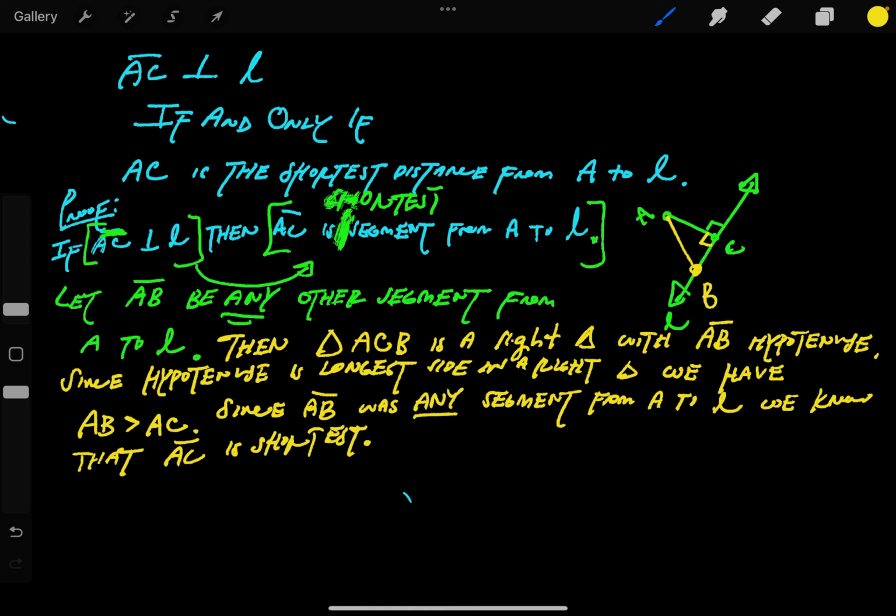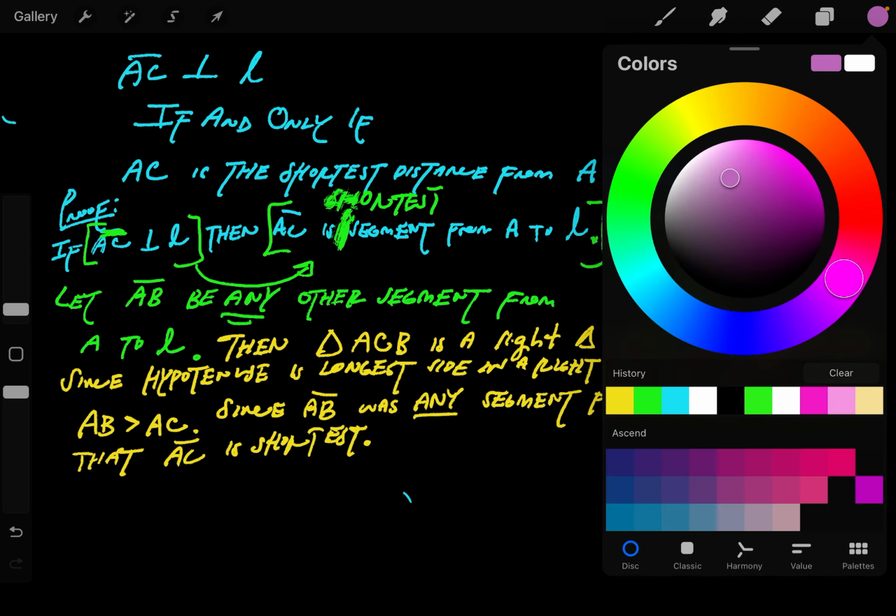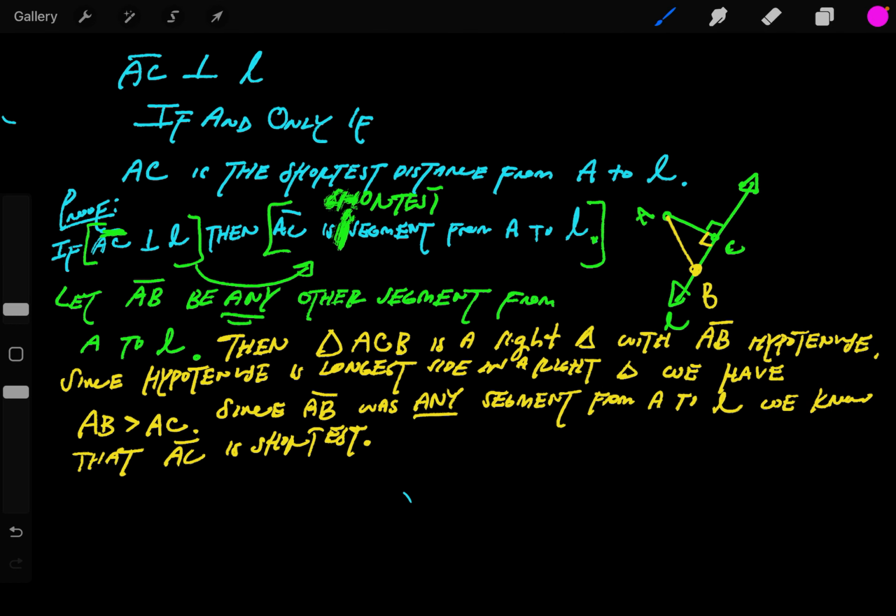Now let's state the other direction. The other direction states that, it's a little bit more complicated. So we're done in one direction. The other direction is if AC is the shortest segment, or AC is the shortest distance. I wrote it as distance here, but it doesn't matter.